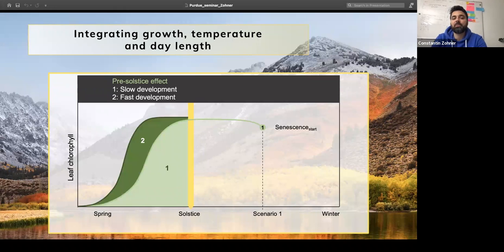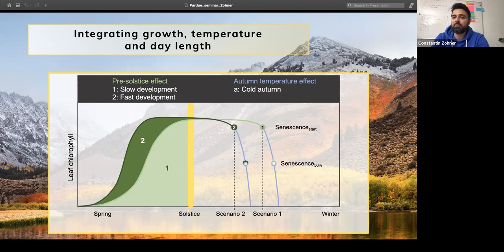Whereas if these carryover effects were true, and we have a year with early leaf out and with warm temperatures early in the season, then we can expect that senescence might start earlier because of these carryover effects, these probably developmental constraints. Now, the remaining part of the curve should really be driven by autumn temperatures, because we know that the progression of senescence is really strongly modulated by autumn temperatures.